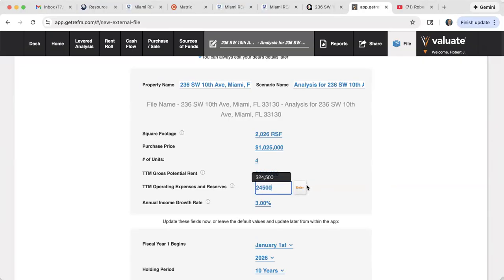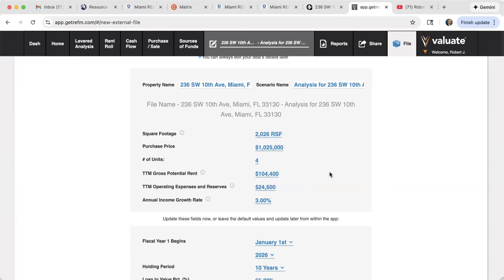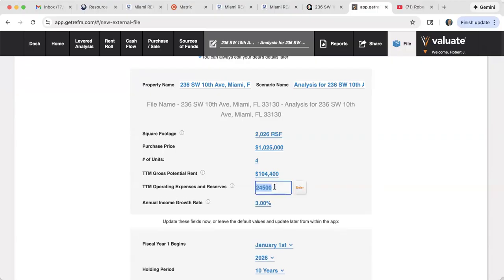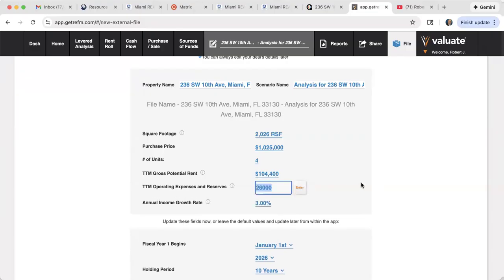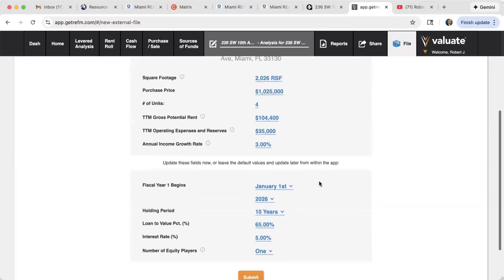And pest control. Let's say that every 3 months you get pest control to go out there, and it costs you $300 every 3 months, so another $1,200. So let's bring our expenses up to $26,000, and let's save another $9,000 in reserves. So let's bring our total expenses for the year plus reserves to $35,000.